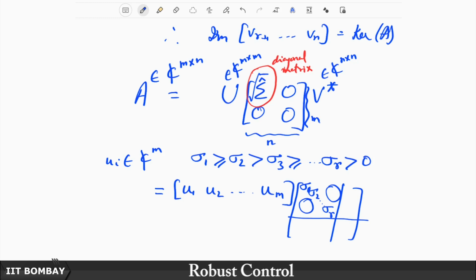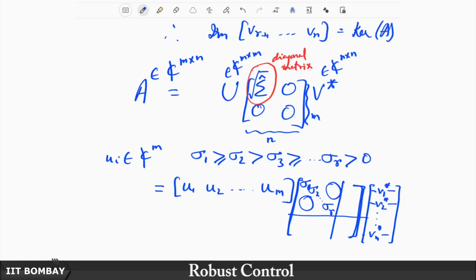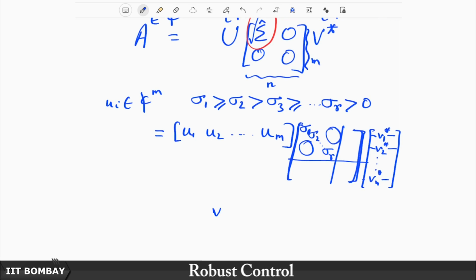Alright, and in addition to that, we then have this V1 Hermitian, V2 Hermitian, so on till Vn Hermitian, where recall that Vi is a complex n tuple, right.